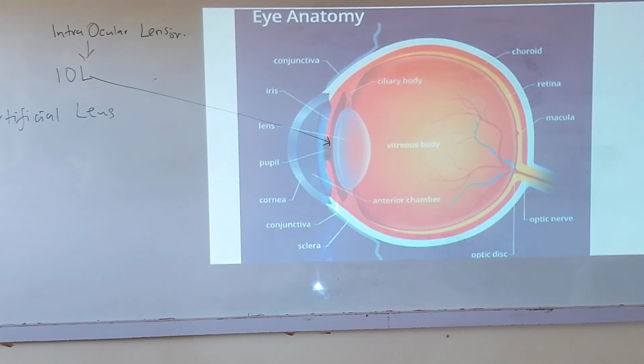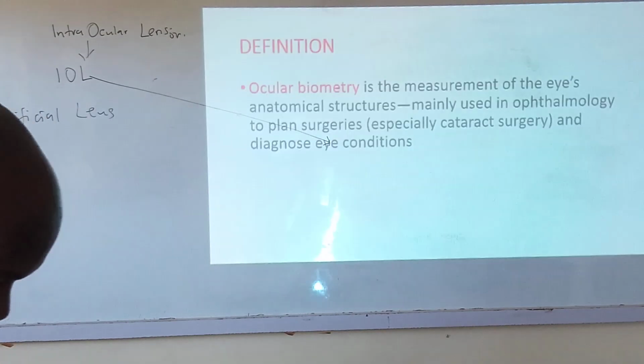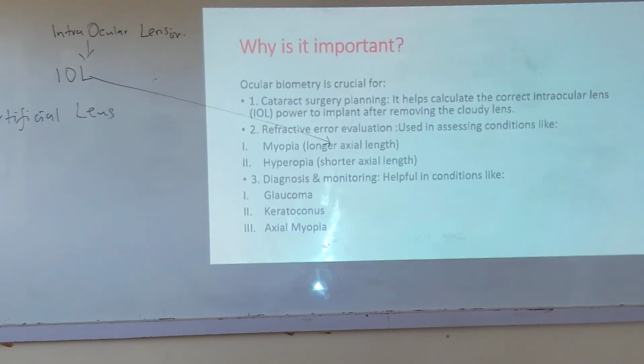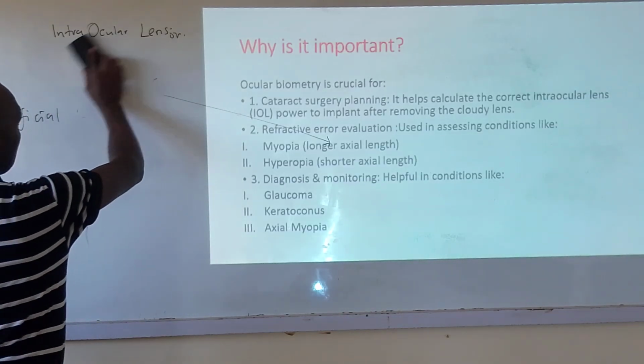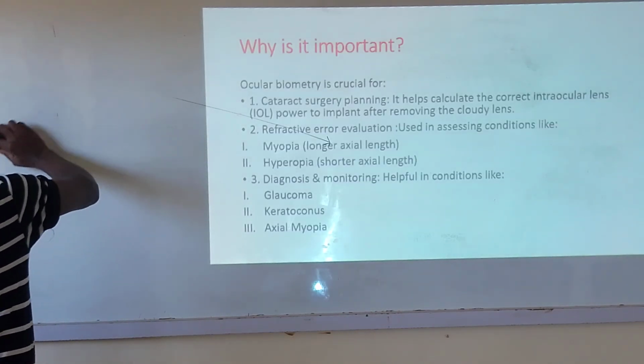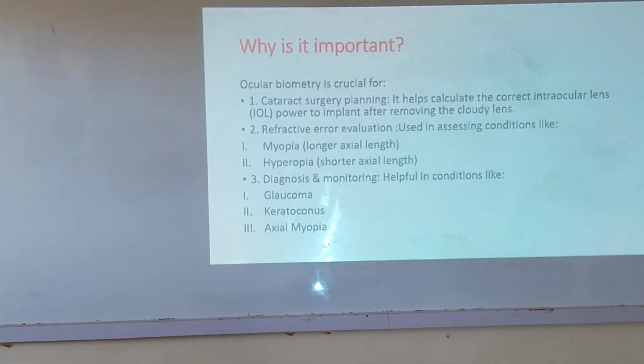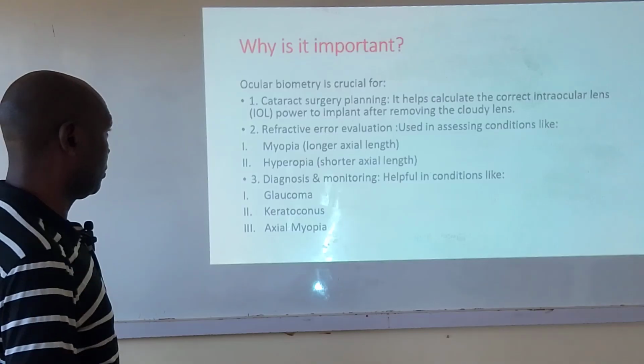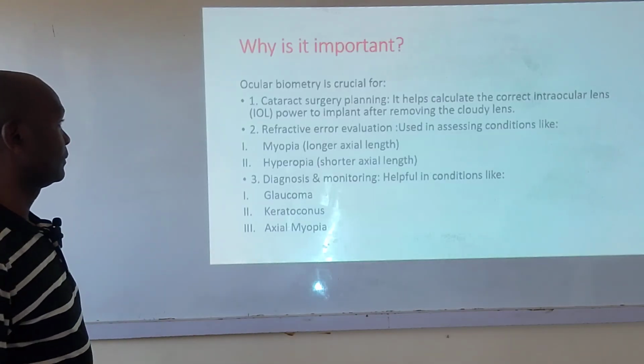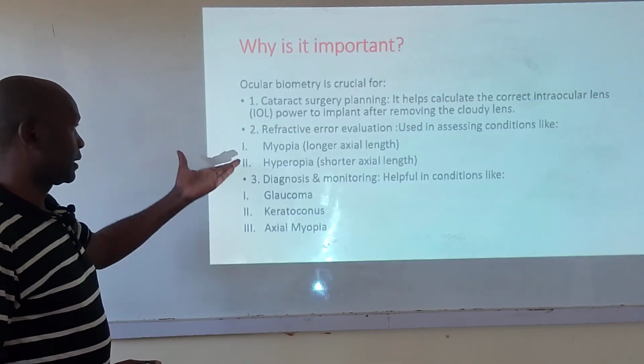So that is intraocular lens. So we are saying that it is important to do biometry because it will help you to plan for the cataract surgery. It will even help you to calculate the power of the lens and refractive issues.